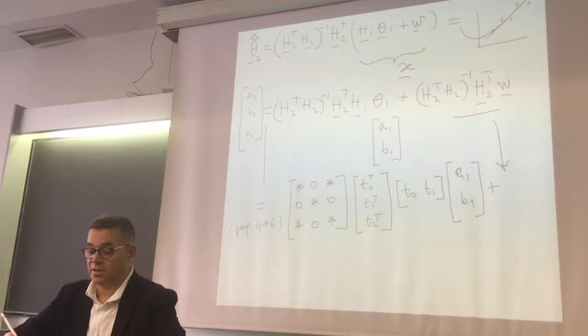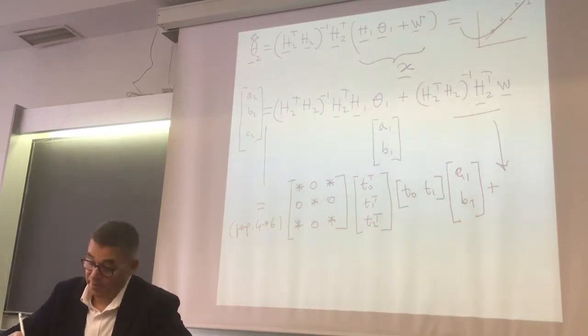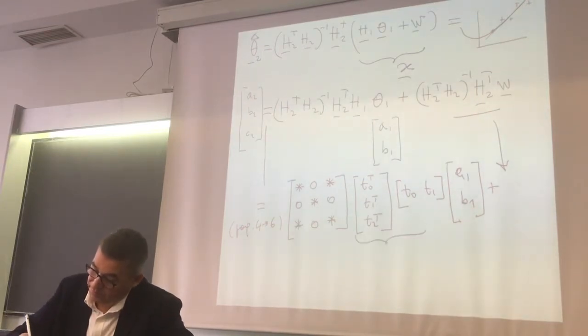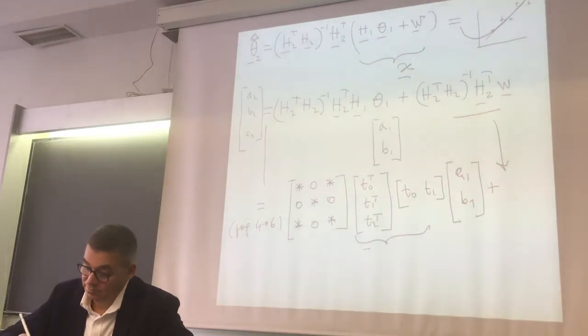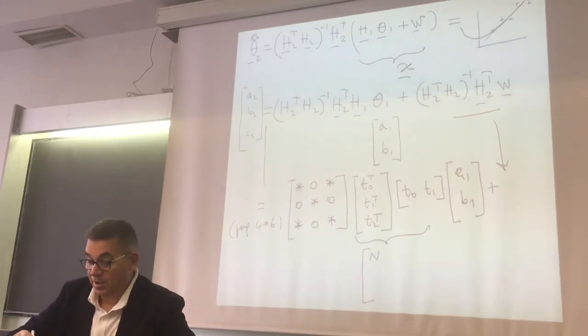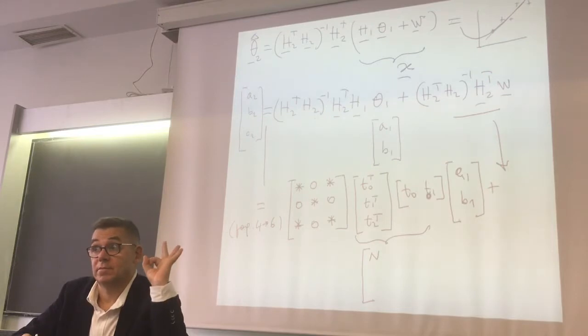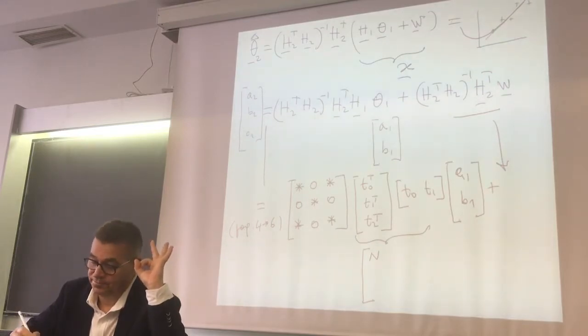My goal is to see if it is biased. So T0 times T0 is N. Then the second term, T0 times T1, is 0, right?